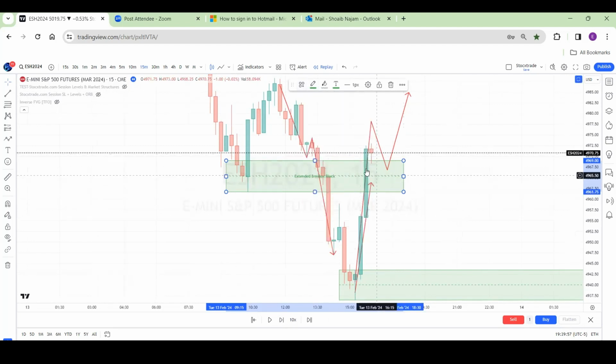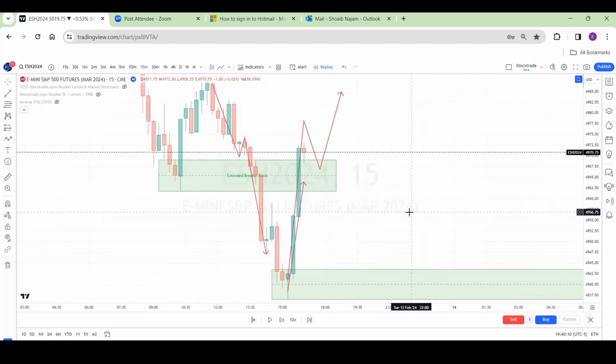Okay. An extended breaker block is more powerful compared to the normal demand zone or supply zone. Yes, normal demand zones and supply zones are powerful, but there are some limitations. There are some conditions. I will tell you which conditions.